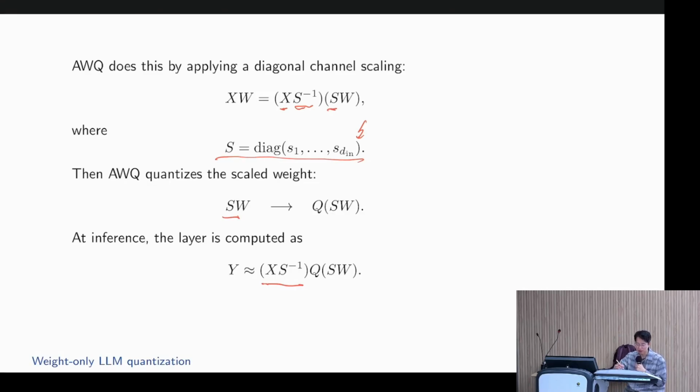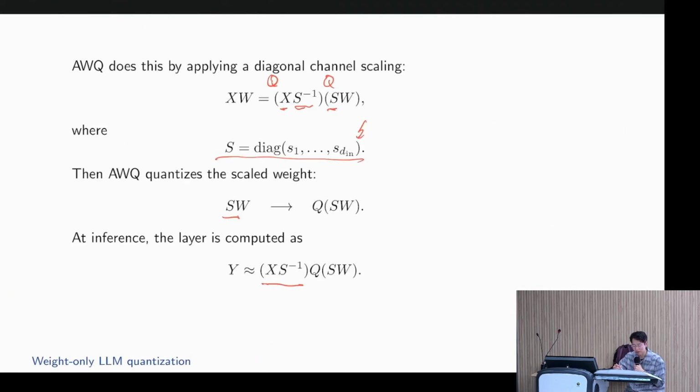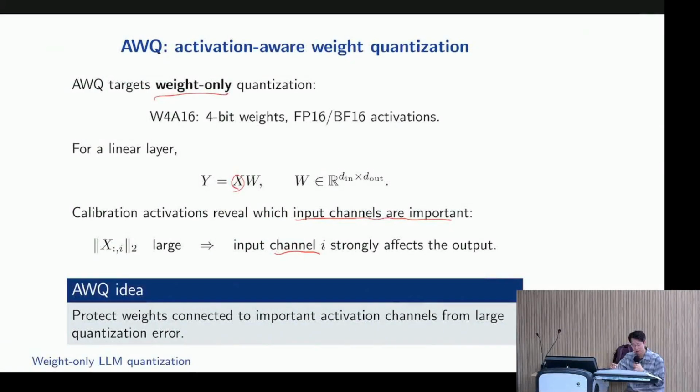So it seems like a no-op, but if you quantize this, it makes a difference. Sorry, this is weight only. This S incorporates the sensitivity based on the L2 norm of the column vectors of X.